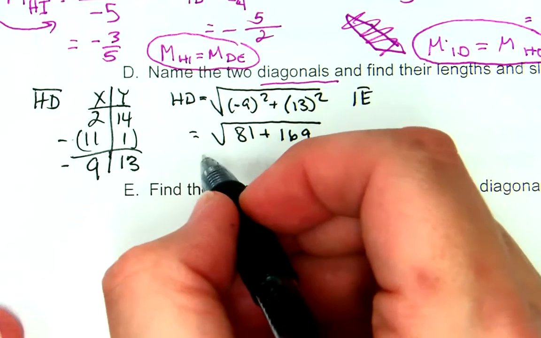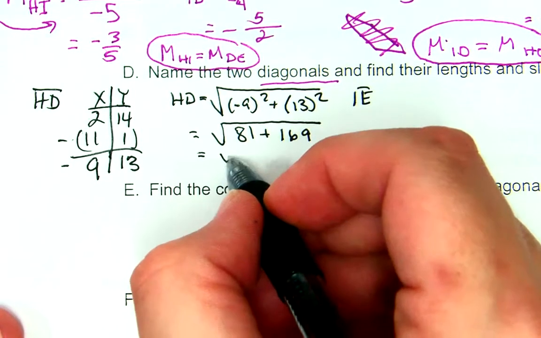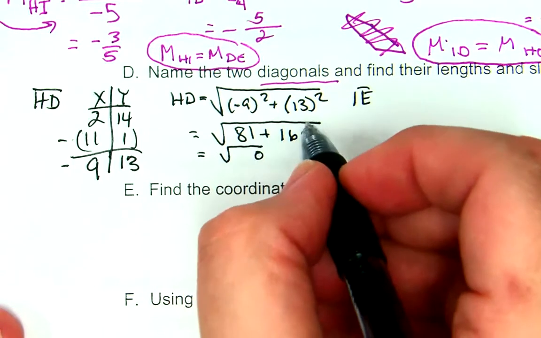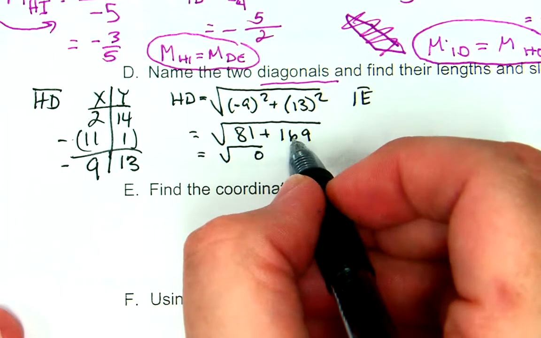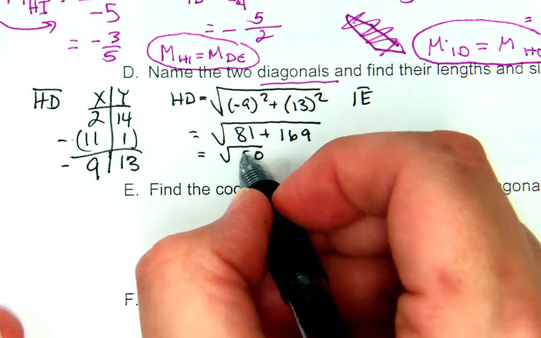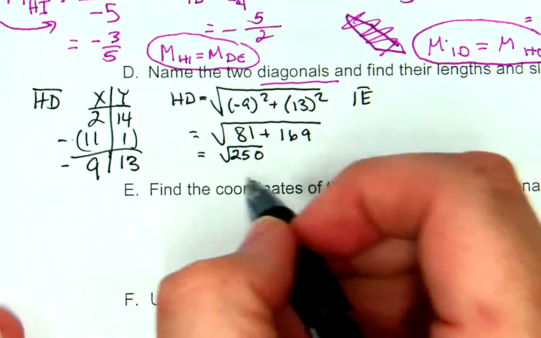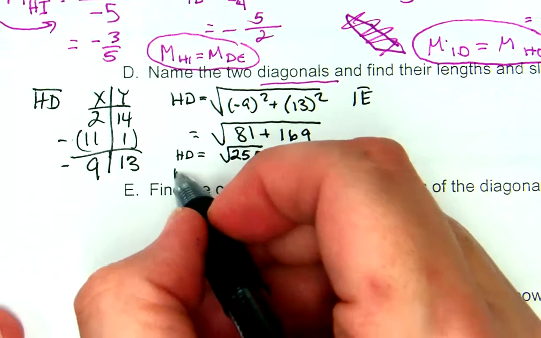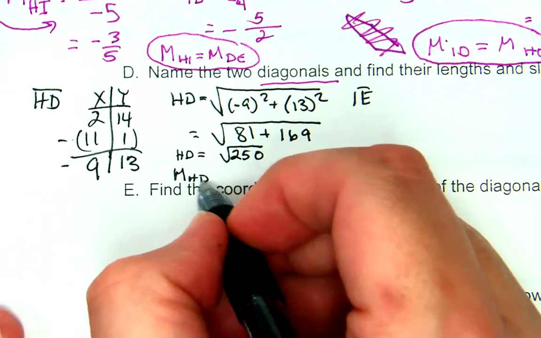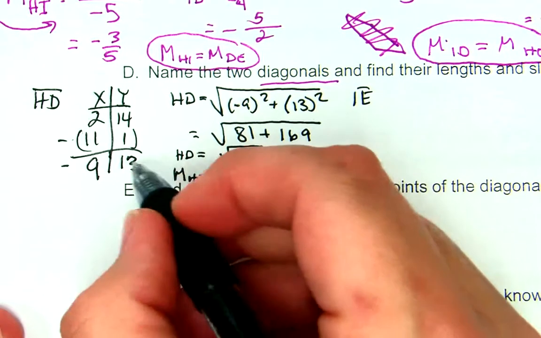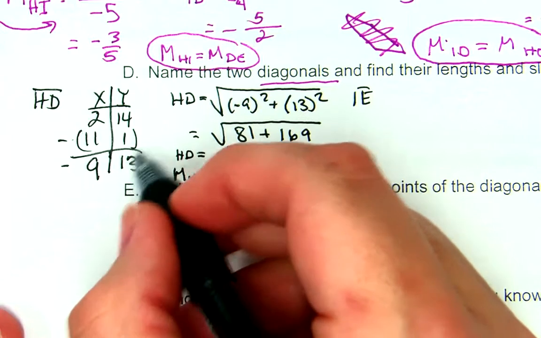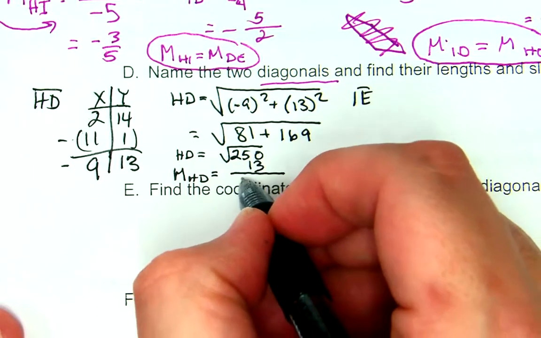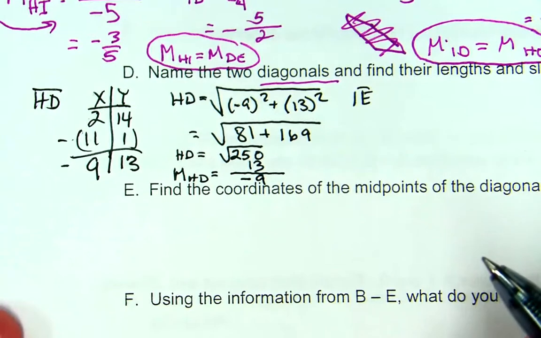Add them up. 1 plus 9 is 0. Carry the 1. 8 plus 7 is 5. Carry the 1. So we got 250. So the length is square root of 250. What's the slope? What's the change in y? Change in y is 13 over negative 9.